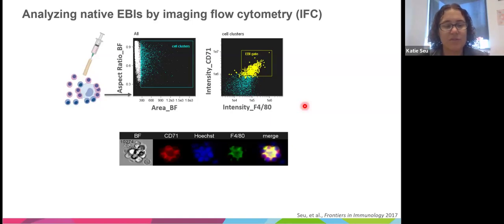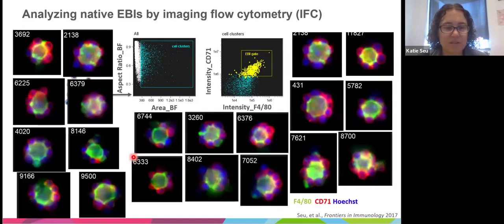And so that morphological aspect was really important for identifying these as erythroblastic islands. And we were able to do this in loads and loads of EBIs, and now had a tool to characterize the markers on the erythroblastic island macrophages and the different features of them.